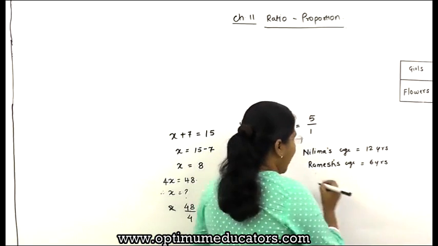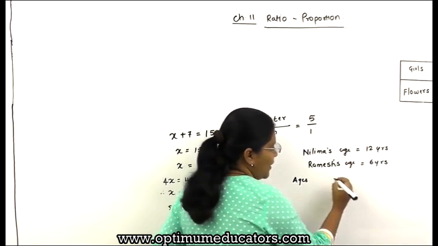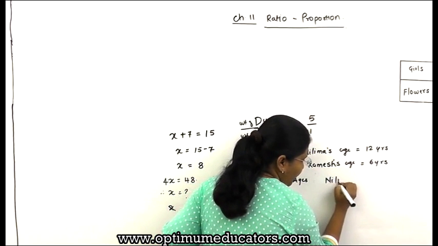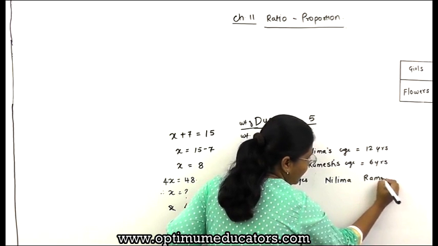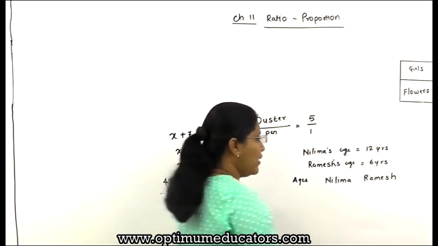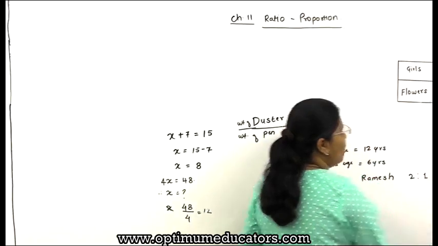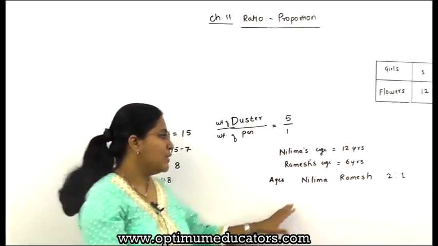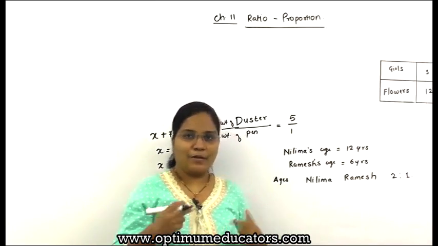So their ages, whose age? Nilima and Ramesh, they are in proportion. Can you not see that 6 2s are 12? So they are in proportion 2:1. It means Nilima is twice as old as Ramesh. Are you understanding me?